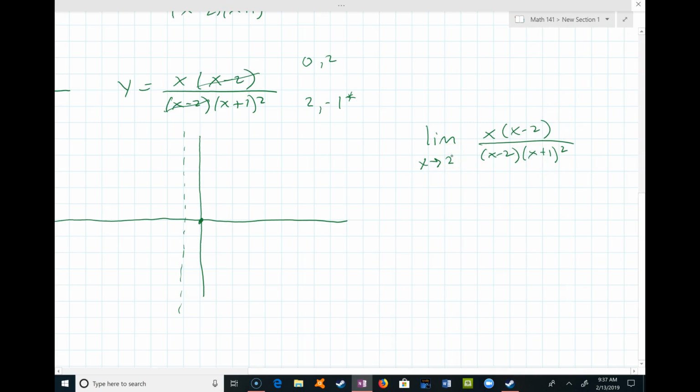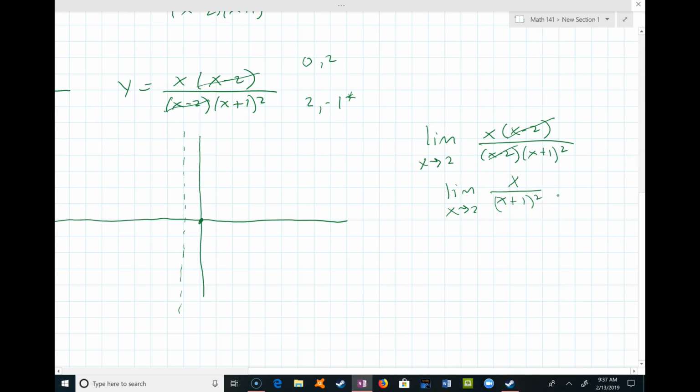This is the same kind of terminology we use when we talk about end behavior. Okay? So as x approaches 2, that means that x isn't 2, so we can cancel this out. So what we're really trying to find is the limit as x approaches 2 of x over x plus 1 squared.